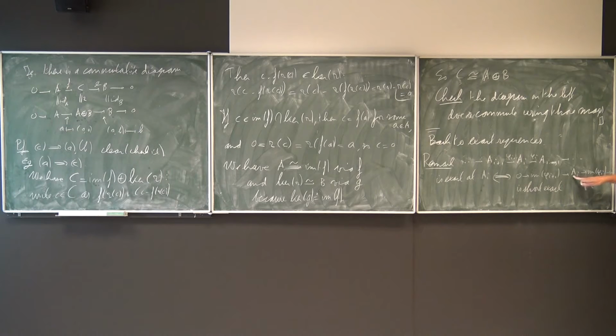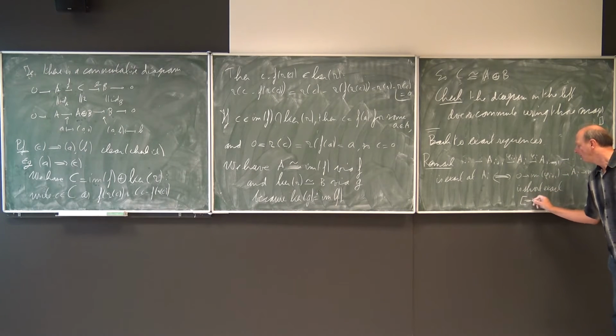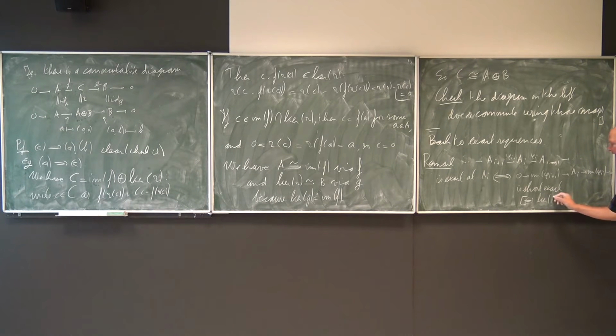So the kernel here is exactly the kernel of phi_i, and that should be exactly this submodule, because this is in itself equivalent with saying that the kernel of A_i to the image of phi_i, which is always the kernel of phi_i, should be the same as the image of phi_{i+1}.